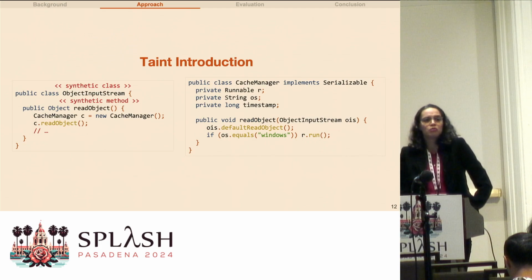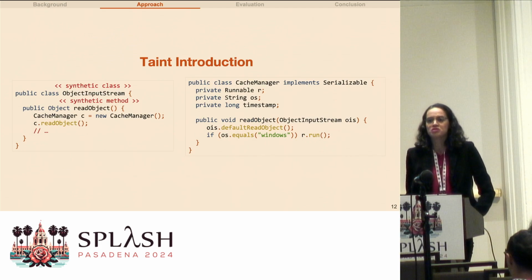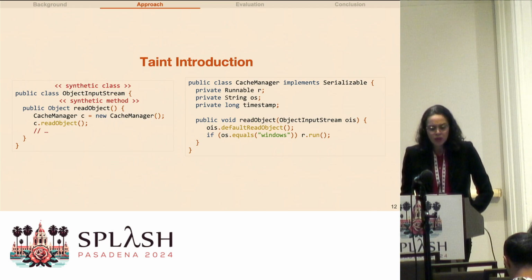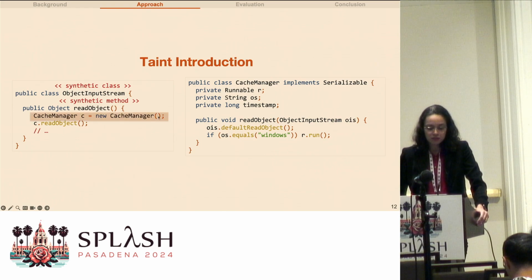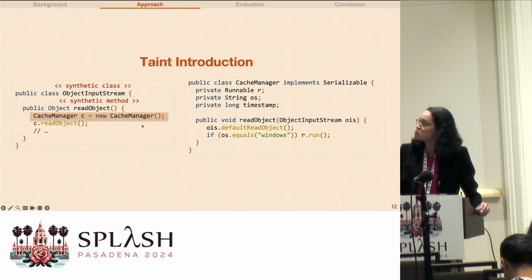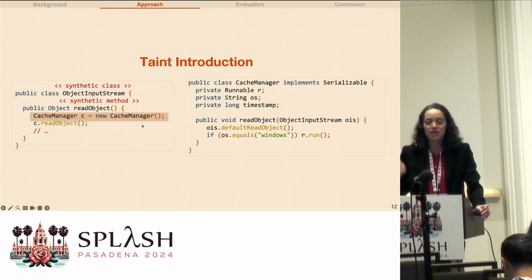So the first thing we have to do is implement this taint. We have to start flagging some objects in the program. The way we flag these objects as tainted is that any object that implements a callback method is tainted. So we initialize those objects as tainted. Notice here that in my synthetic method, I'm creating an object of type cache manager.